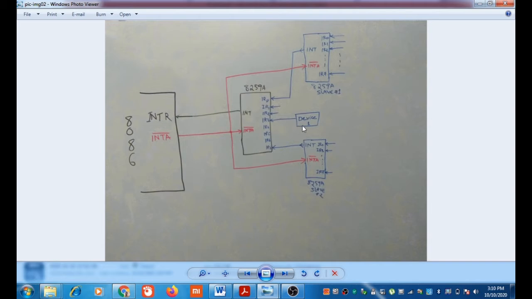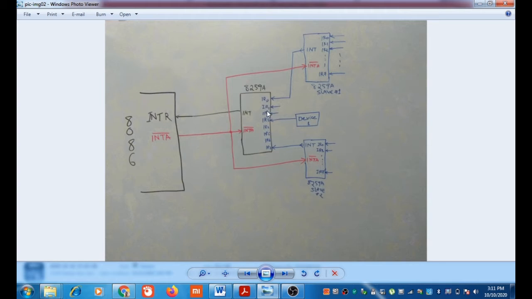You can see these two slaves are connected to the IR lines of the master, and you can see one device also connected to an IR line. You can connect another 8 devices or PICs to this slave, then another 8 PICs or 8 devices to this slave.